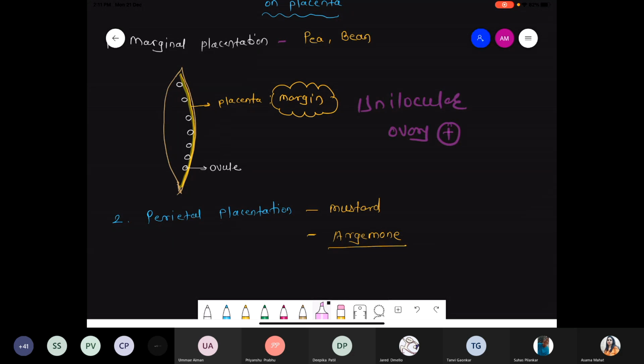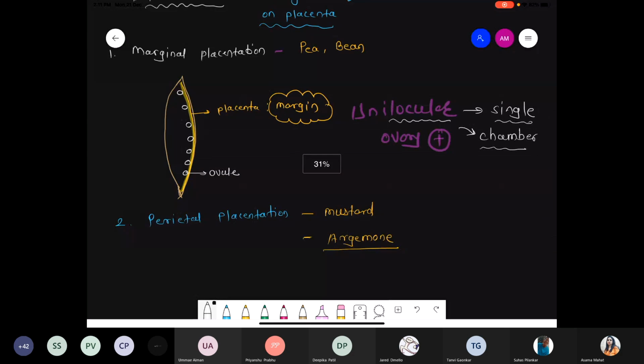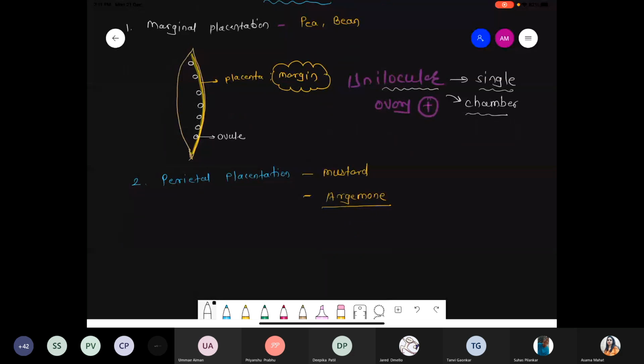Unilocular means a single chamber or single compartment of the ovary. Locule basically represents the chamber. So uni means single, and locule means chamber. So a single compartment, a single chamber is present. That's why in marginal placentation we observe only a single compartment, with only one placenta. There is no division, no compartment.